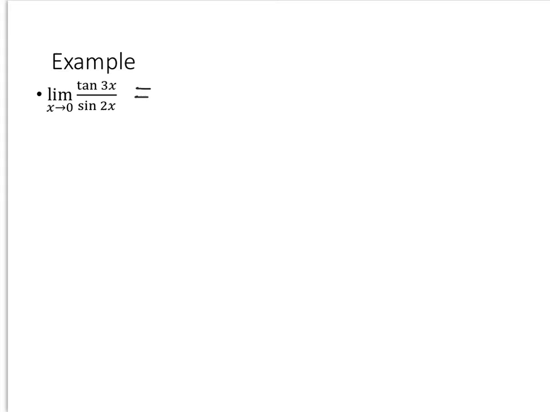So L'Hopital's rule tells me that we should now take the limit of the quotient of the derivatives. So I take the derivative of the top, that is the tangent of 3x, and using the chain rule, what I get is the derivative of tangent is secant squared of 3x.